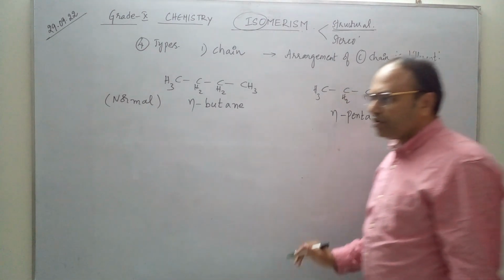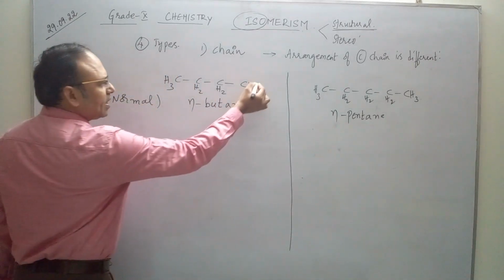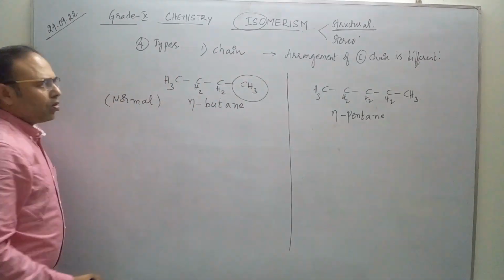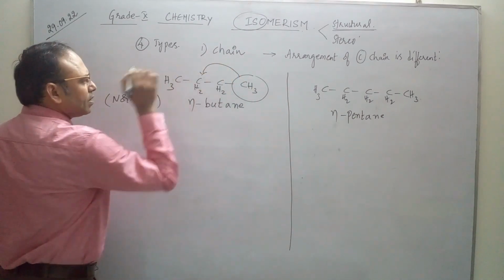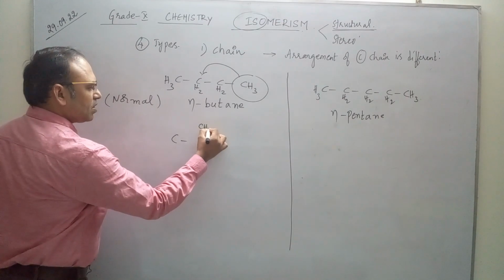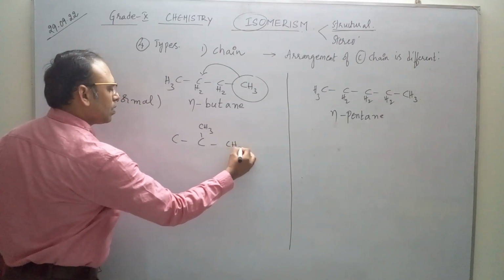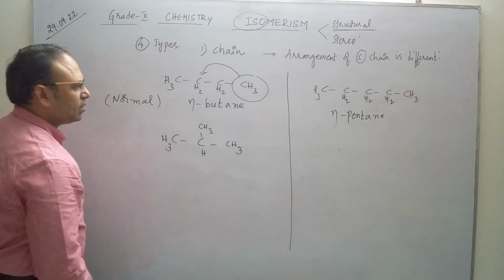Now, how do you change the carbon chain? Let us take one branch, that is methyl group, and fix it at the second last position like this. Let us write methyl group and complete hydrogens. Fine.